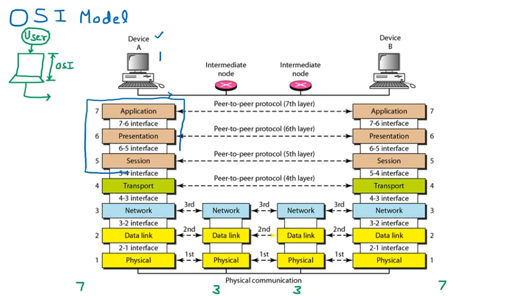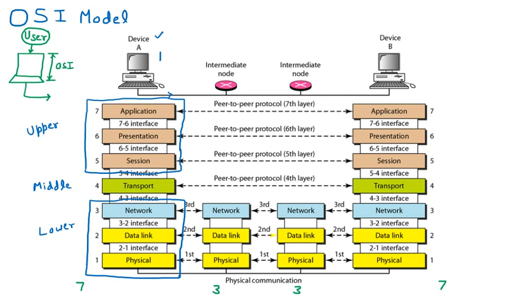The top 3 layers are the upper layers, the below 3 layers are the lower layers, and the lower layers are the layers which help the network to work, and in the middle we have the middle layer.